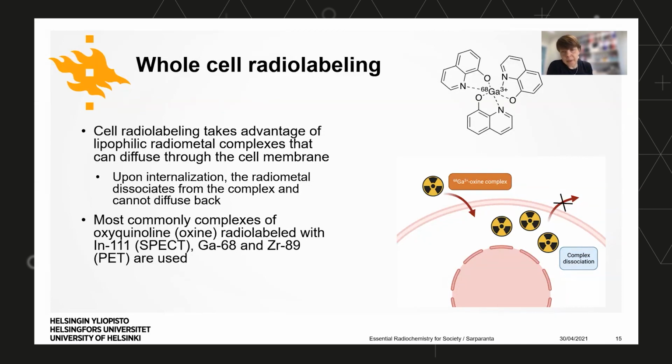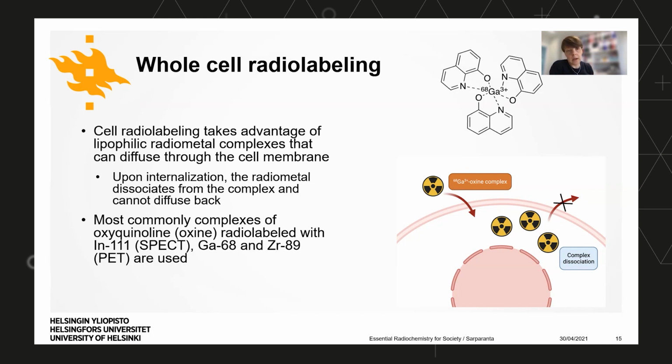So whole cell radiolabeling is by no means a very novel technique. Different lipophilic radiometal complexes have been used for decades to label cells. The way they work, like gallium oxine here, is that first the lipophilic complex freely diffuses through the cell membrane, and upon internalization, the radiometal dissociates from the complex and cannot diffuse back because it's charged.